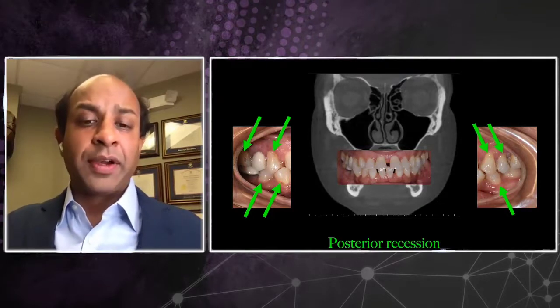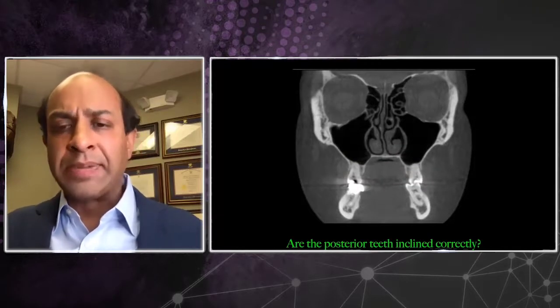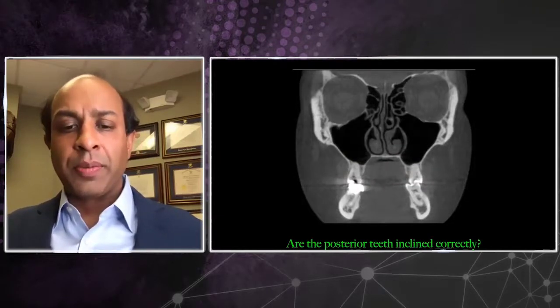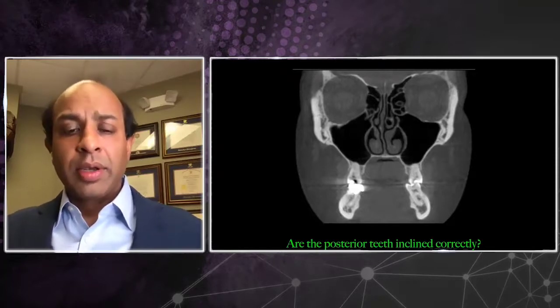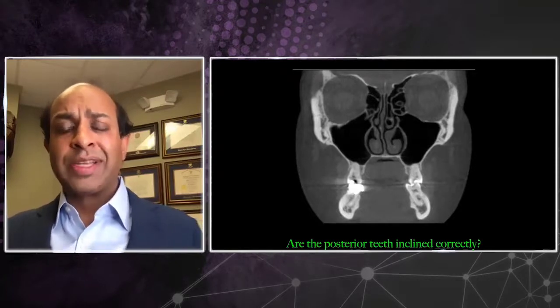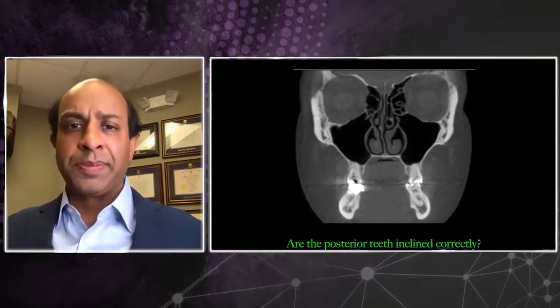What we ultimately figured out is that the teeth were not properly positioned within the cortical plates. They did not have a proper torque on the lower teeth, which was actually creating areas of compression on the bone, which was exacerbating the bone resorption that she was clinically experiencing.